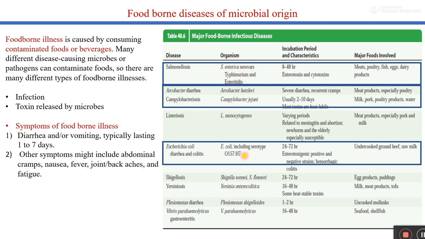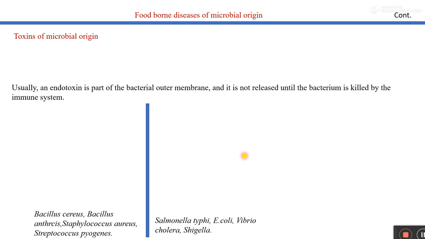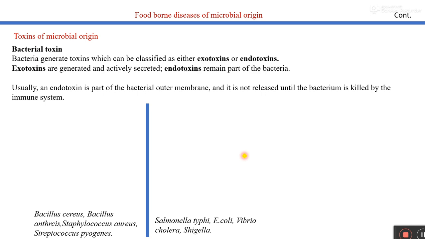But now I would like to talk about the diseases which are caused by the bacteria which grow on food and release some toxins, right? The toxins which are generated by bacteria are generally classified into two categories.